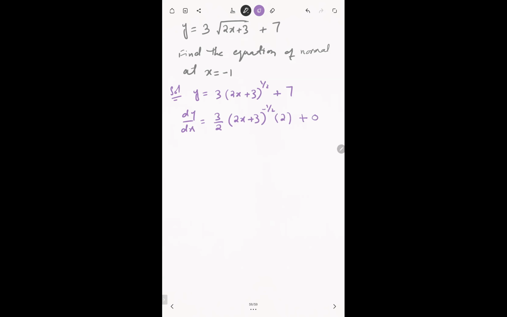It's 0. So you got dy by dx, and the 2s will cancel out: 3 over under root 2x plus 3. That's the simplified answer of dy by dx.